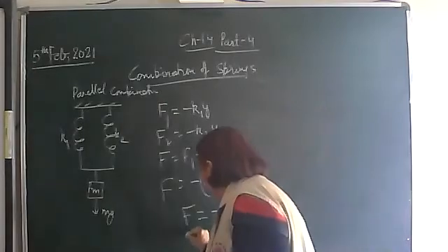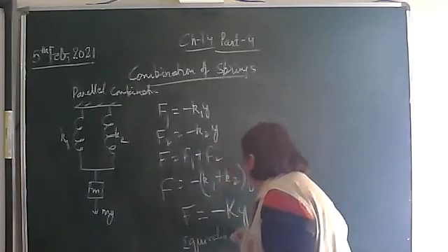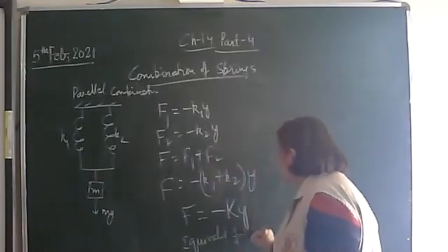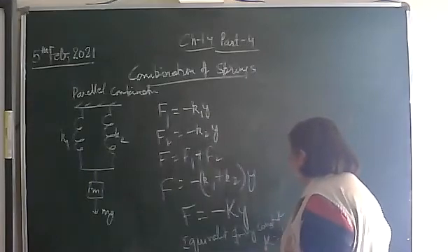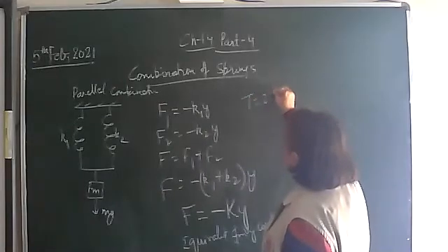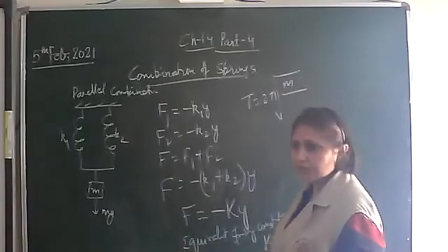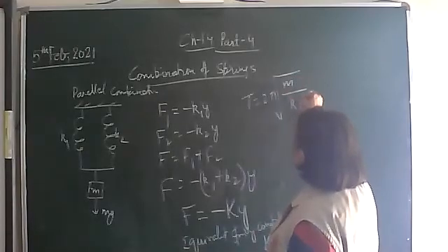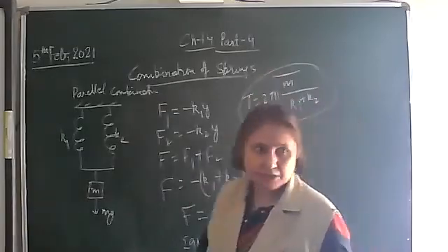So the equivalent spring constant in parallel is equal to k1 plus k2, and the time period will be equal to 2 pi under root m upon the total spring constant K, which is k1 plus k2. That is the time period for a parallel combination.